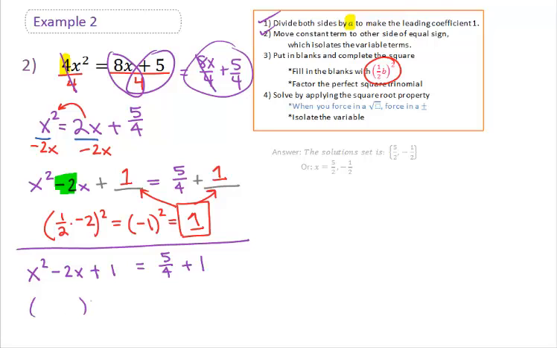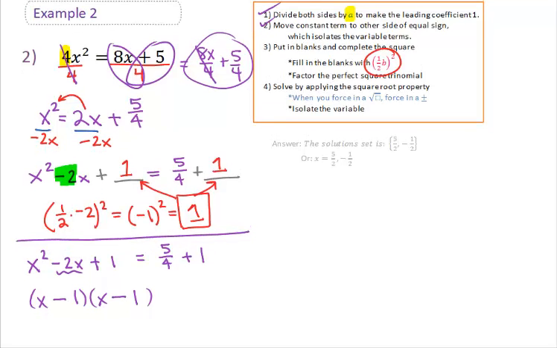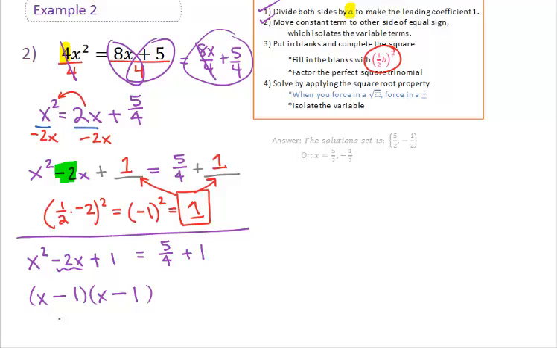So let's factor that. I have x times x to give me x squared. I have 1 times 1 to give me a 1, and these both need to be negative. So my outside is -x, my inside is -x, so together that gives me my middle term of -2x. Combining these together, that gives me x minus 1 quantity squared.